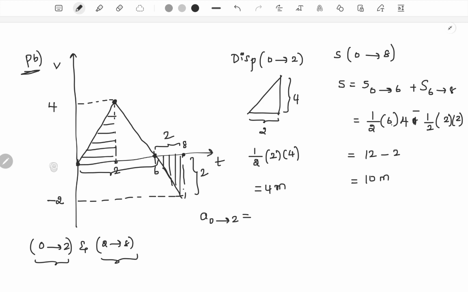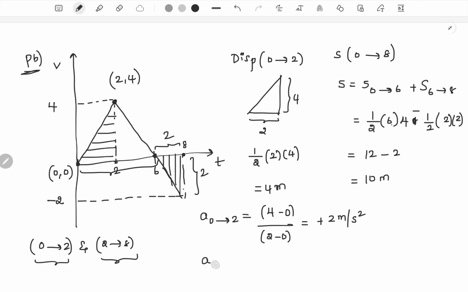Now to find the slope of that line, let's plot 2 points on the line. The coordinates of this point would be 0, 0. The coordinates of this point would be 2, 4. So the slope would be 4 minus 0 divided by 2 minus 0, which would be basically 2 meter per second square, provided that the units are in SI.